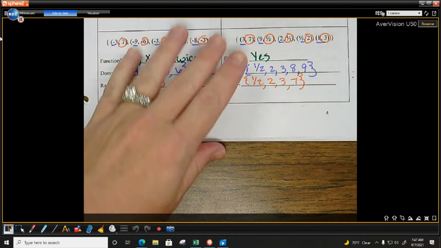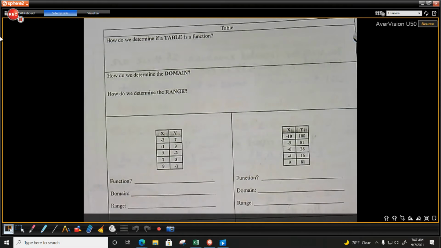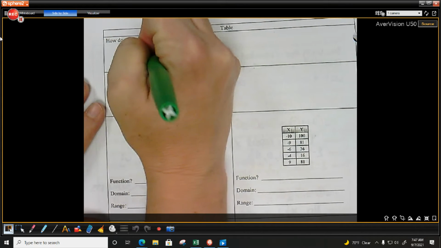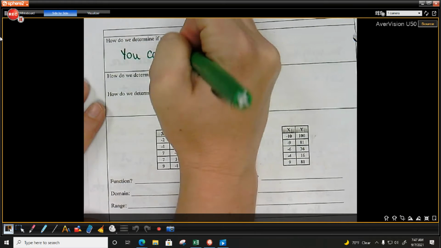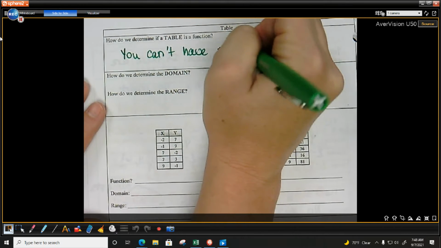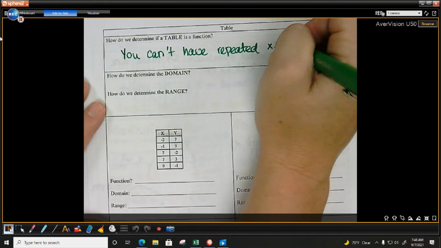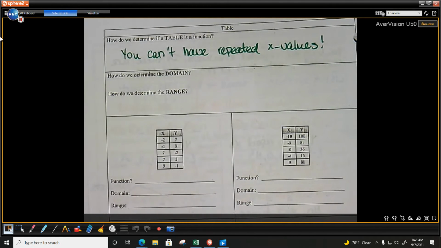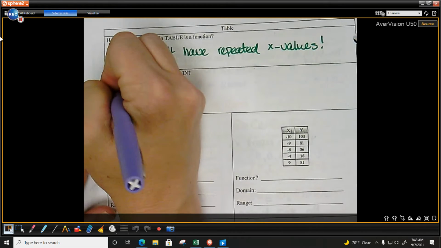Okay? So the good thing is, next one, almost identical, same exact process. What do we look for to determine if a table is a function? Can't have repeated x's. How are we going to write our domain and range?